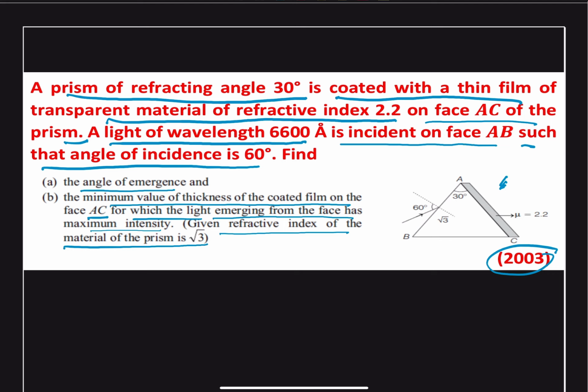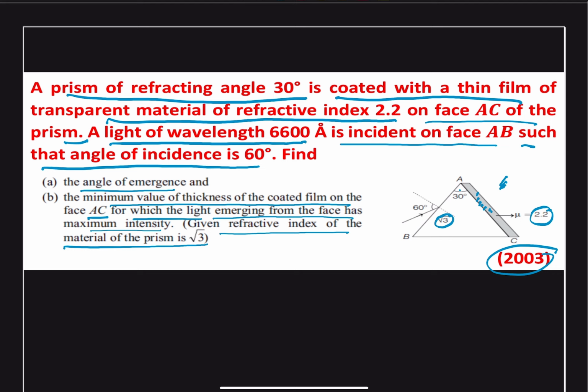So we have a triangular prism, angle is given as 30 degree, incident is, you can say, having an angle of incident at 60 degree, and we have two surfaces. The glass prism is going to have a refractive index of square root of 3, and the face AC, which is coated, is having a refractive index of 2.2.